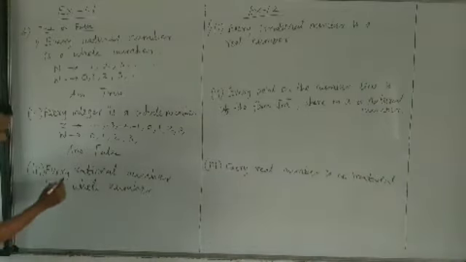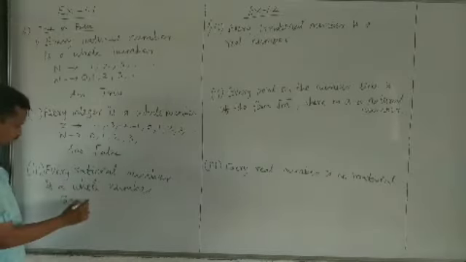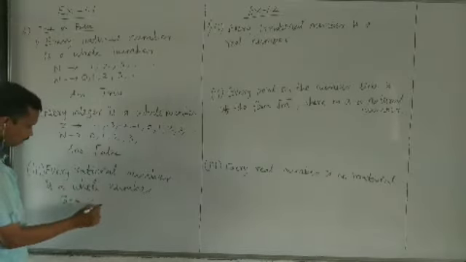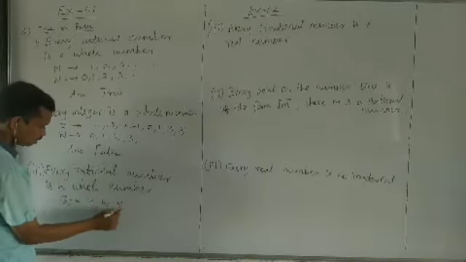And coming to the third option, every rational number is a whole number. So what does every rational number mean? Rational number Q. In this Q, integers will come, all the whole numbers and natural numbers, everything will come in this.